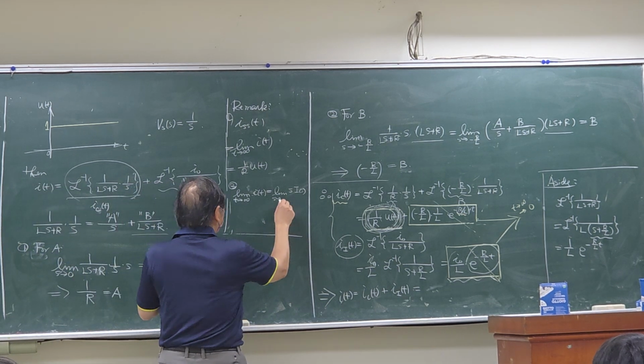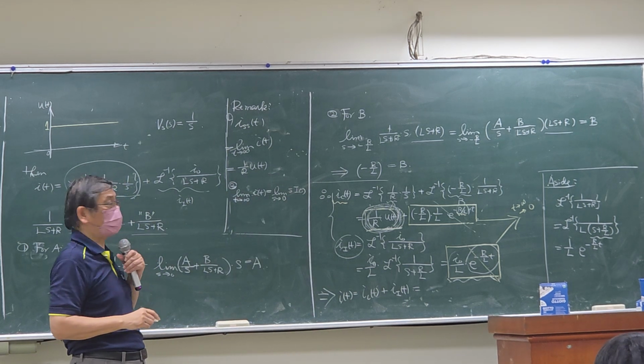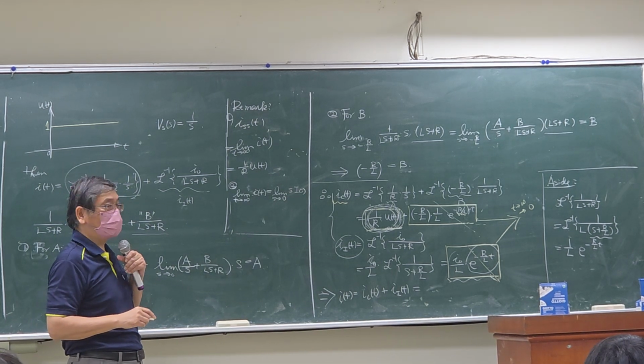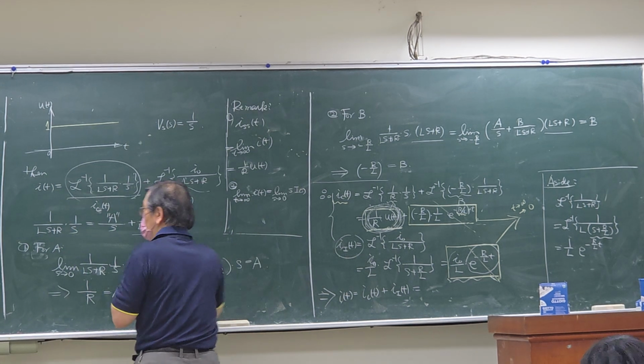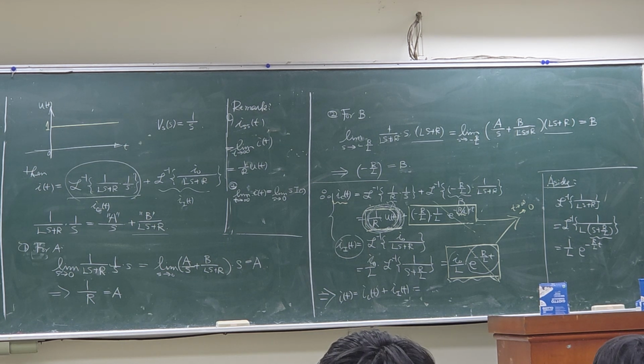And this term goes to 0. If you multiply by s and let s approach 0, you have 1 over r left.